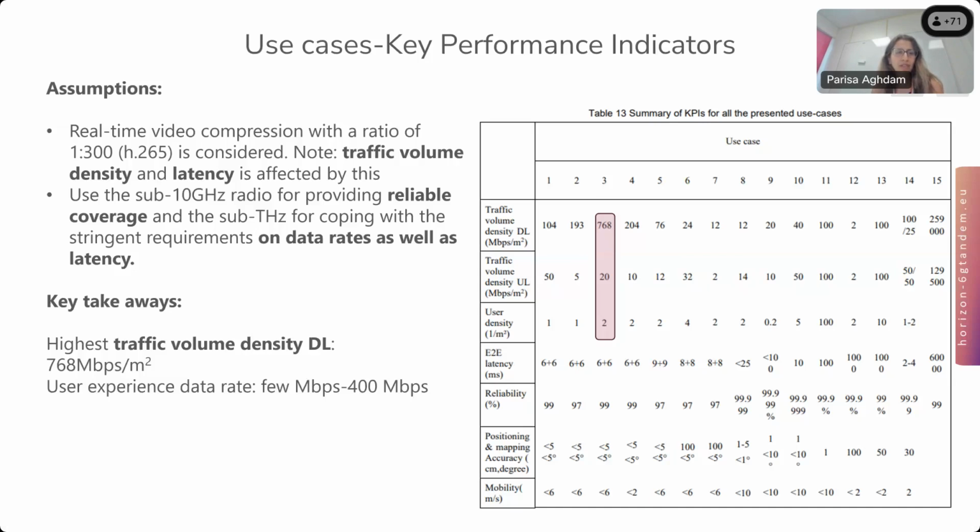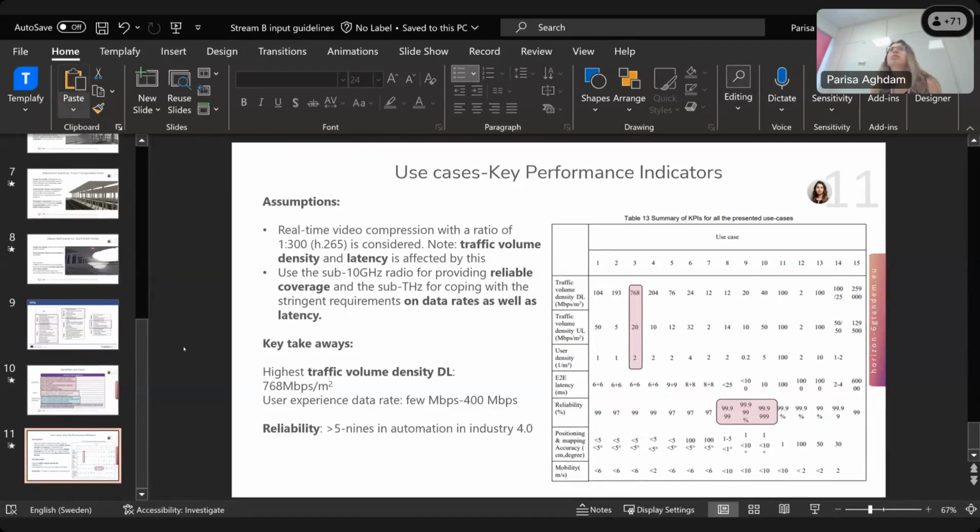So this is not really written in stone, but that's what we have come up with, and the reliability more than 5 nines in automation in Industry 4.0. Yes, that was my presentation. Thank you very much.